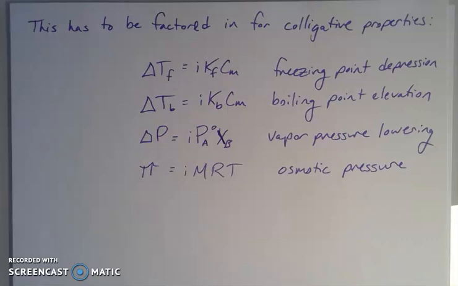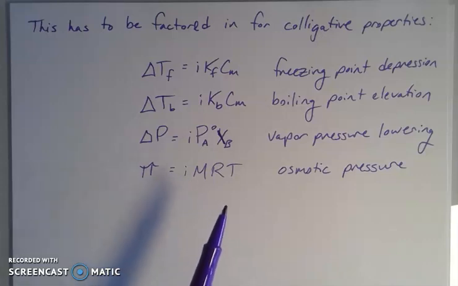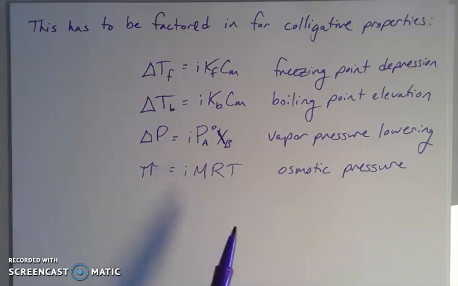Now, like I said before, if we have 100% dissociation, then that i is going to be a whole number, but it doesn't have to be a whole number. If I have only partial dissociation, then I might have something that's like 1.3, or maybe I have 2.5. It just depends on how well these ionic compounds split apart. And depending on how much information you have about that, you can factor that in.